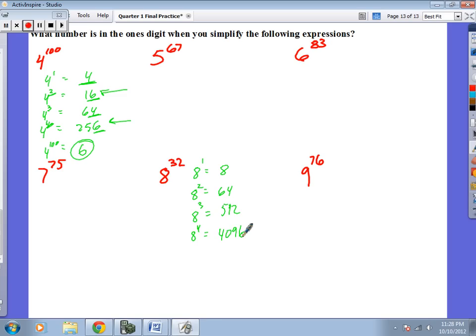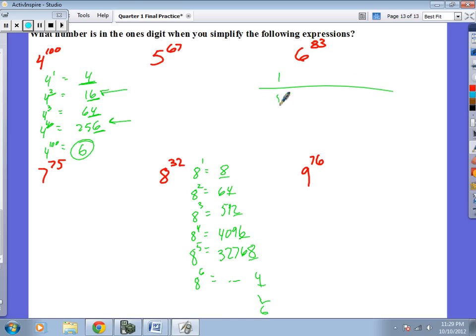Still no pattern. 8 to the 5th is 32768. Okay, I think I got it. So 8 to the 6th, just to be sure. 8 to the 6th, blah blah blah, ends in 4. So here's my pattern. 8, 4, 2, 6. 8, 4, 2, 6.